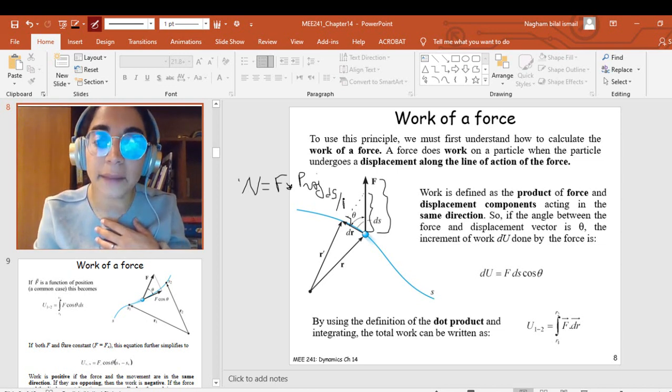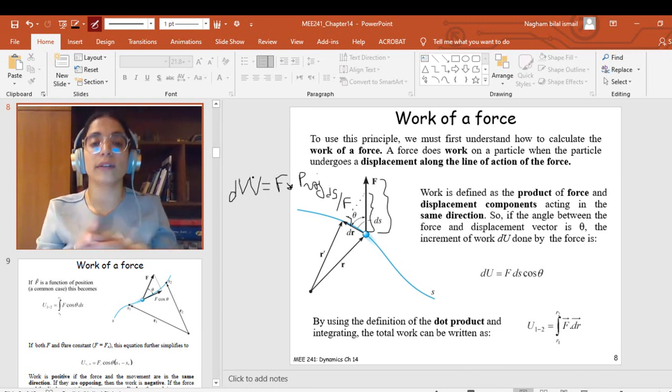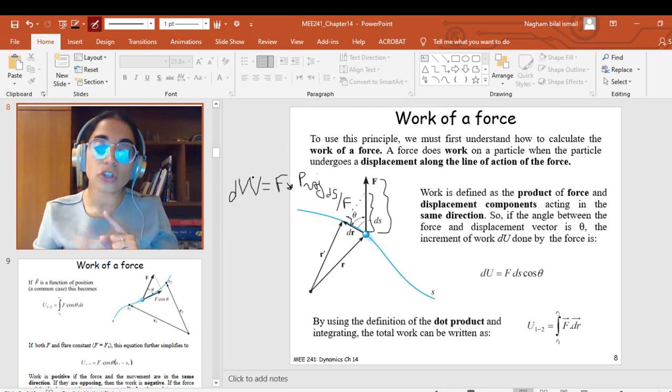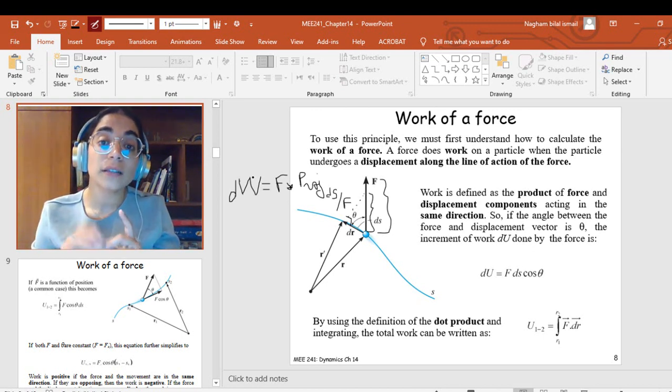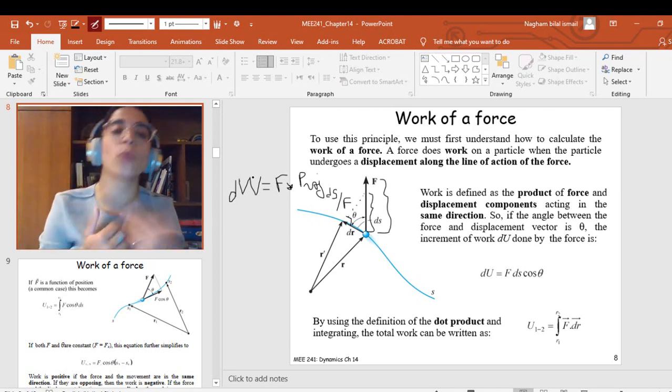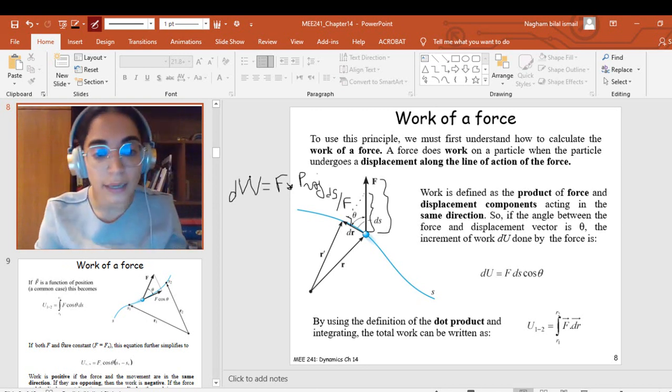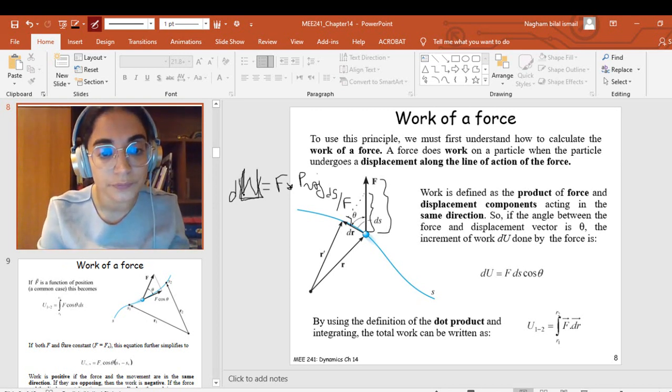And since I am saying ds, then I'm going to say here dw, or du. In English, the symbol of work is U, alright? Because this is an energy, and U is usually the symbol of energy, and to not get confused between the weight and the work. So I'm going to say this is du, alright?